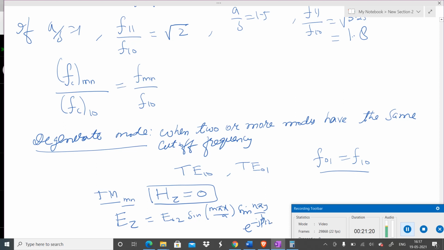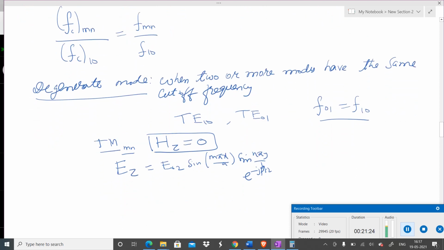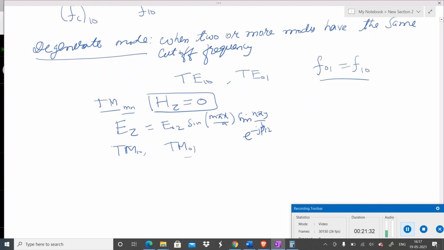The role of Hz will be replaced by Ez, and there will be similar other equations. So there also we will have TM modes, TM10 mode, TM01 mode, and so on. We will see that a lot of TM modes have the same cutoff frequency as a lot of TE modes. So they are degenerate. We will call them degenerate.